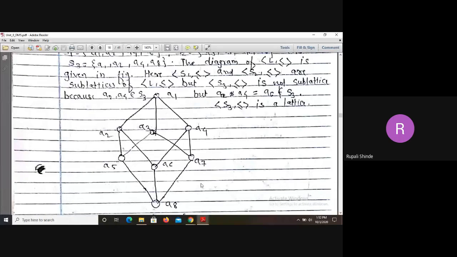Think on it and tell me whether this one is a sublattice. Is it a sublattice? Yes, ma'am. Okay. What pair of elements have you checked? A5, A3.